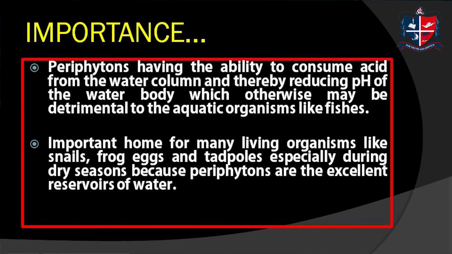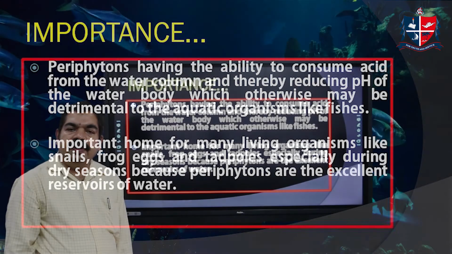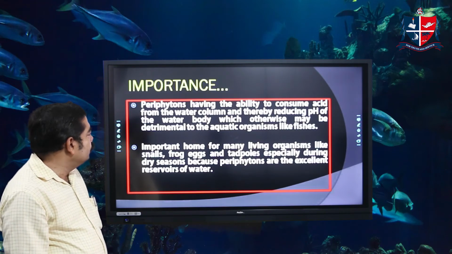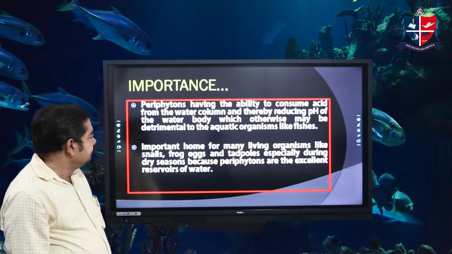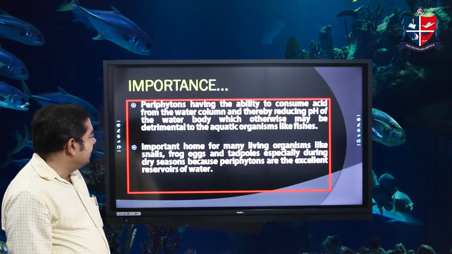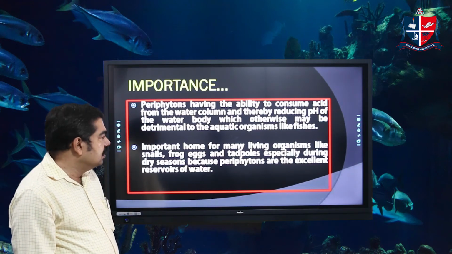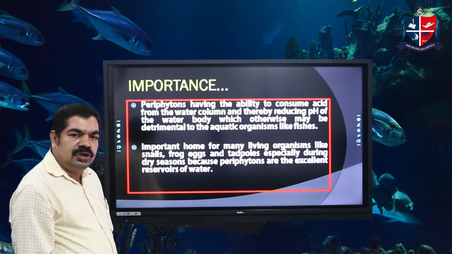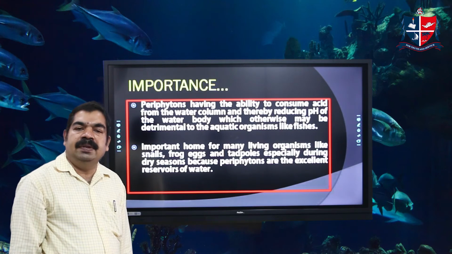Coming to the next, another important advantage of periphyton is this: periphyton has the ability to consume acid from the water and thereby reduce the pH of the water body, which otherwise may be detrimental to aquatic organisms like fishes. So this is a wonderful ability of periphytons.